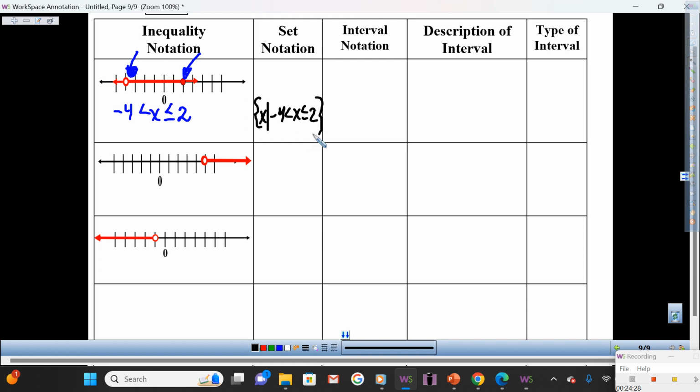Interval notation. Share with your neighbor your interval notation before I pass it to someone. All right. Interval notation. How about someone new?